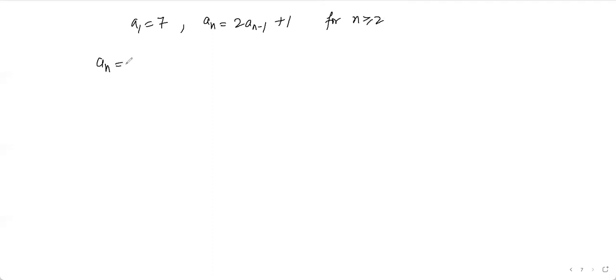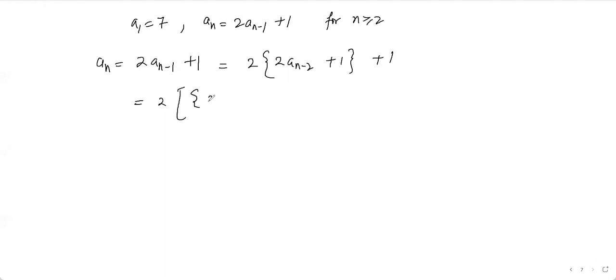So an is 2 an minus 1 plus 1, which is 2 times (2 an minus 2 plus 1) plus 1.